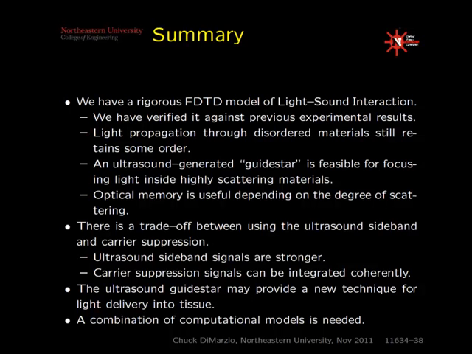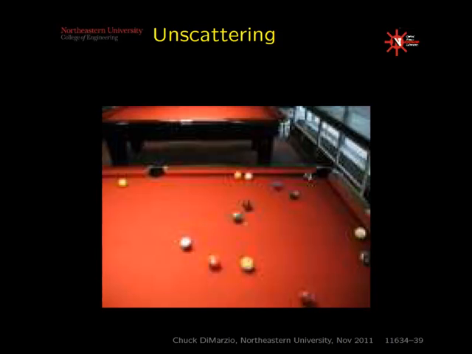There's a trade-off between using the sideband and the carrier suppression, which we're still working on. We think that this may give us a technique for delivering light into tissue exactly where we want it. And we're going to be looking at other models because we recognize that this small model can't be expanded infinitely. It takes 2.5 hours to run on the computer now, and it grows very rapidly as you increase the size of the problem.